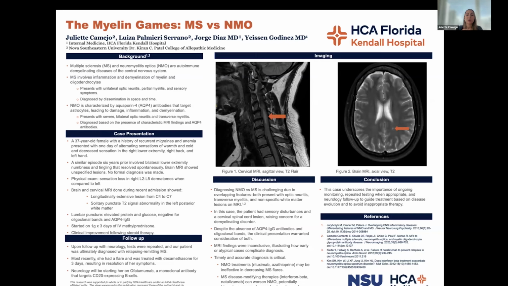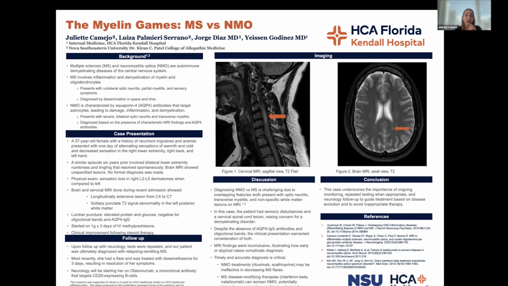NMO, on the other hand, is associated with aquaporin 4 antibodies, which target astrocytes rather than oligodendrocytes. It often presents with severe bilateral optic neuritis and longitudinal extensive transverse myelitis. And diagnosis basically hinges on the specific MRI findings and a serological detection of the aquaporin 4 IgG antibodies.